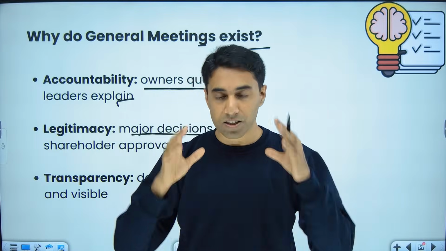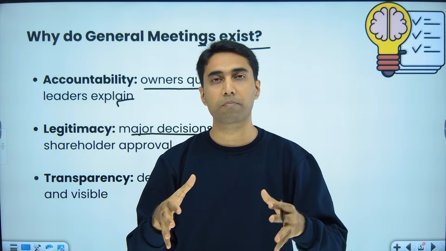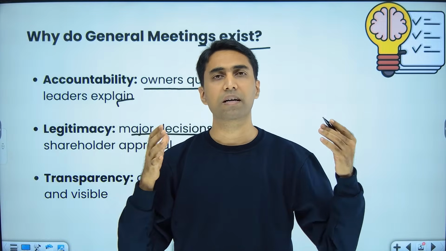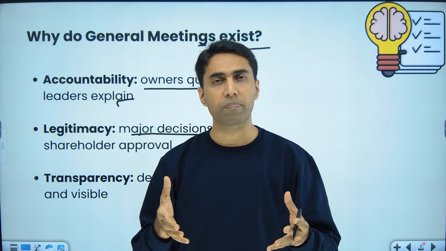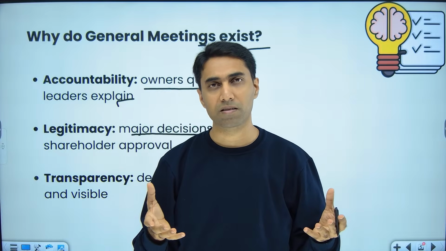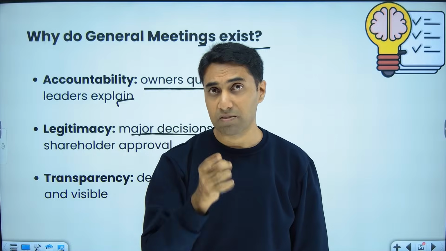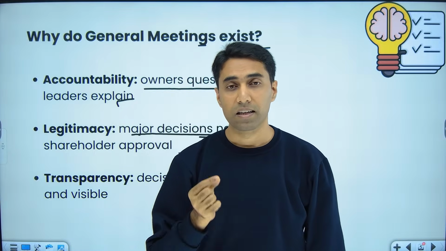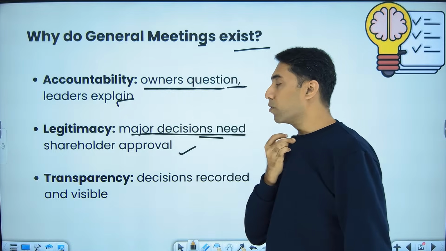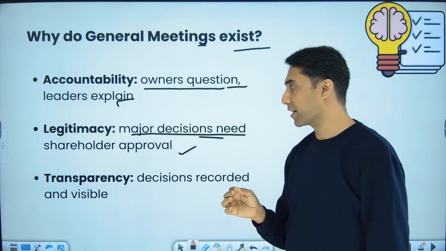The shareholders are there. Just imagine a scenario, you're sitting in a meeting. It is the most important decision making body of a company, the shareholders. So of course you study this to pass the exam, but it is even more important for you to realize that this is what will really make you a great company secretary.